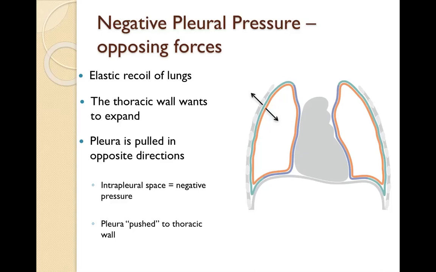And so what this really does is it produces this negative pressure that helps make sure that the pleura sticks to the thoracic wall. There's this little negative pressure that almost helps the two layers of pleura stick together, and it helps the lungs stick to the wall.